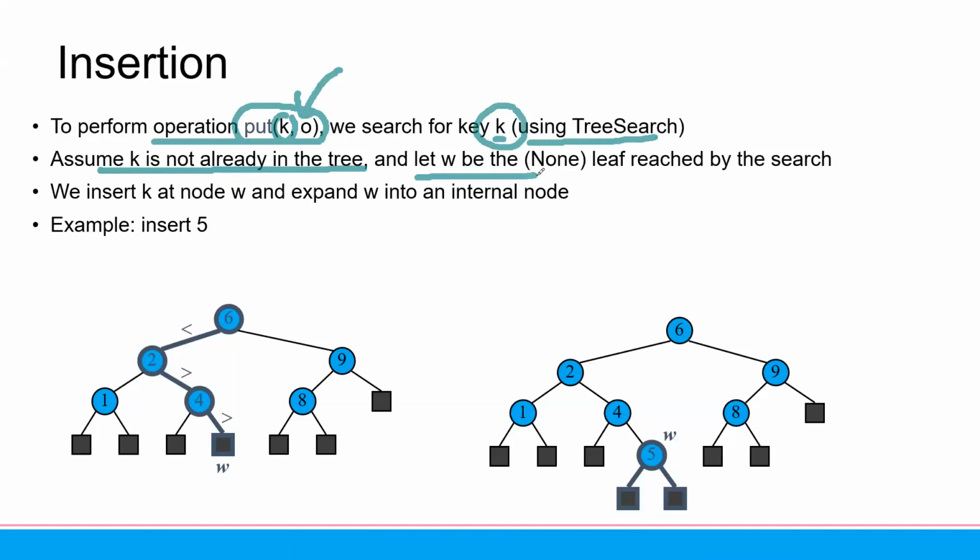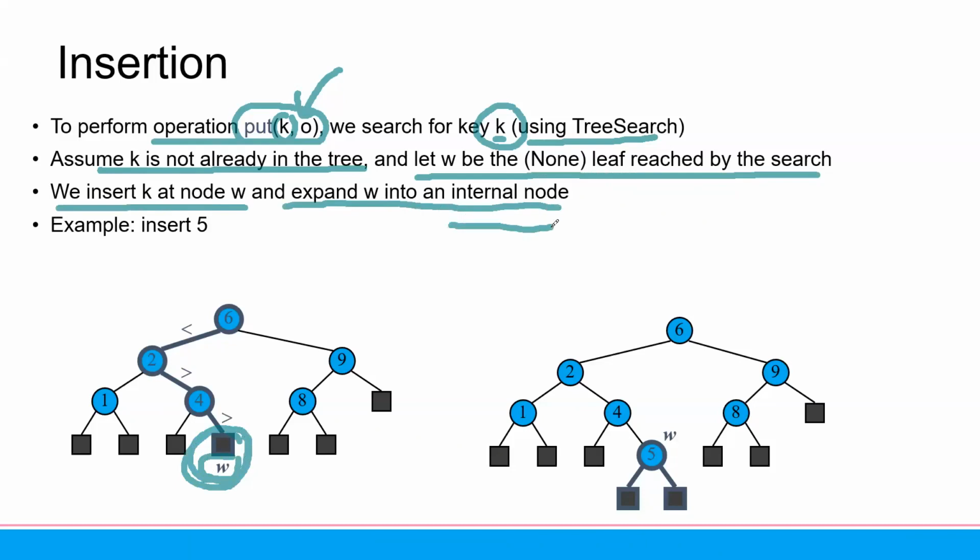And let w be the null leaf reached by the search. We want to insert k at node w and expand w into an internal node. So I'm going to use this w as the new node. So the w will be changed to an internal node.